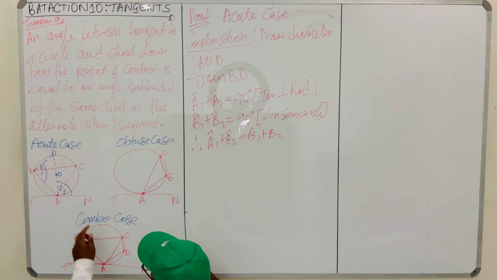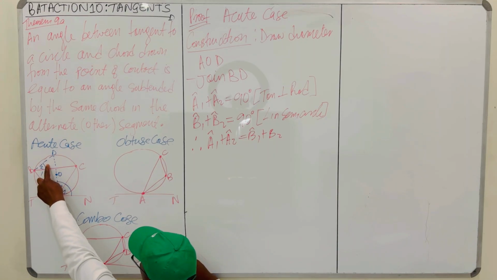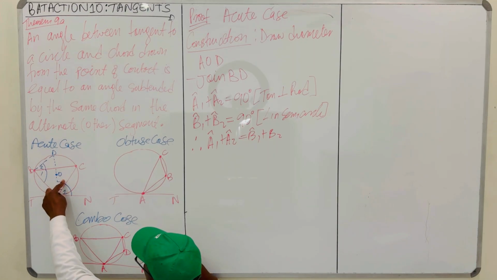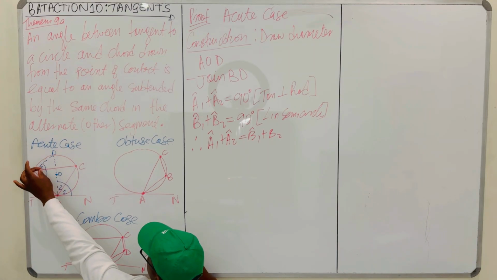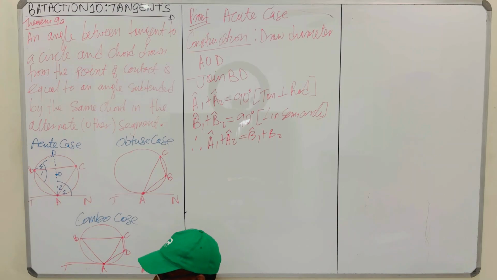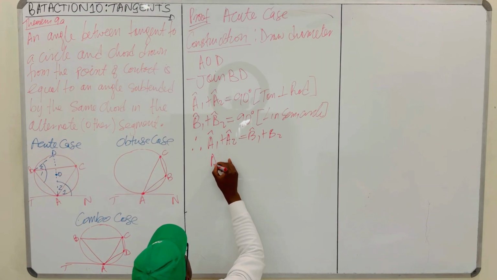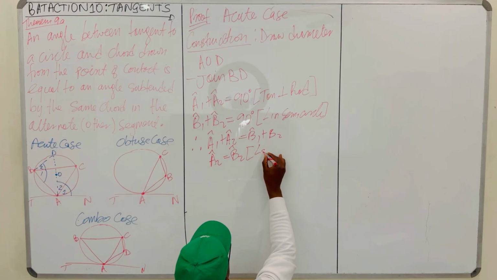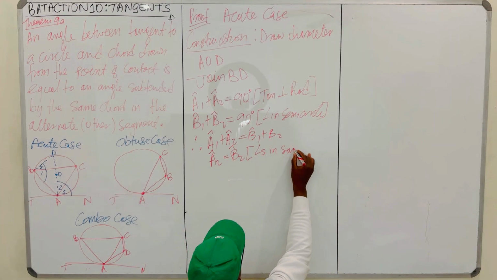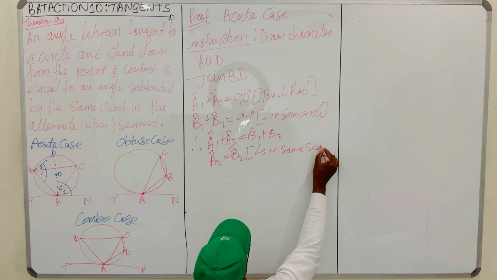But look at A2 and look at B2. They are both subtended by the same arc DC. Yes. So we can say your A2 is equal to B2. These are angles in the same segment. Yes. Are you with me? Yes.